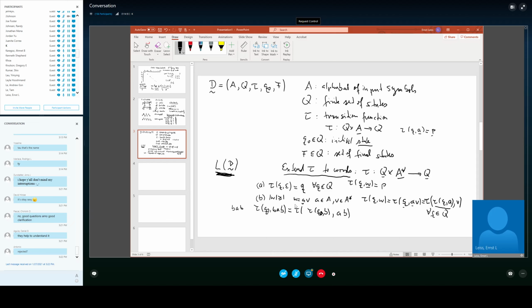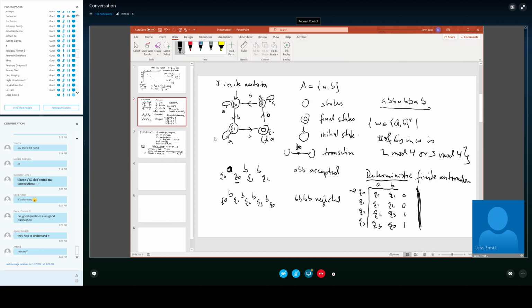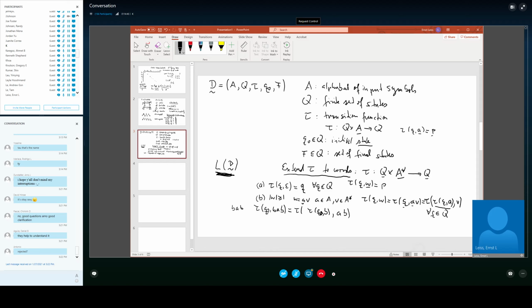So this is tau of Q0 and BAB, which by definition, we've split off the first letter, which is B. So we have Q0 with that B, which gives us a state, and then the remaining word is AB. So we look up what is tau of Q0 and B. Tau of Q0 and B is Q1. And so we get that. This is then Q1.